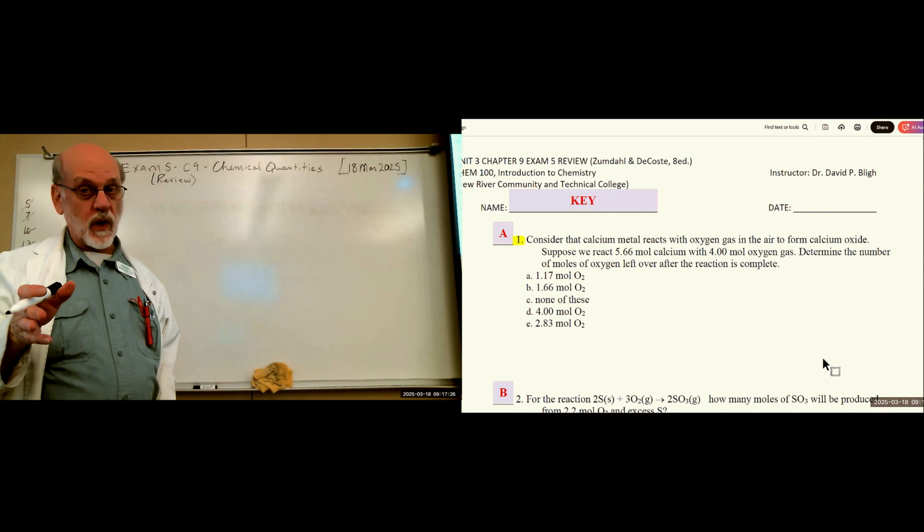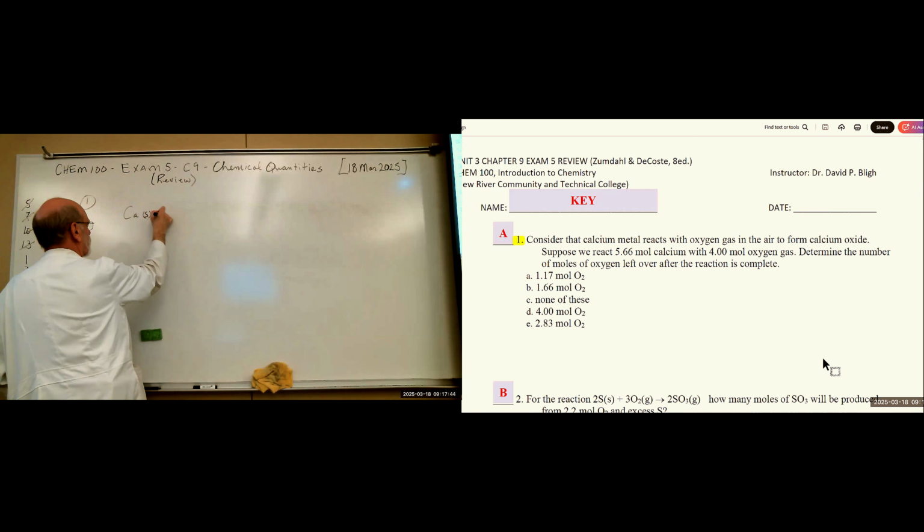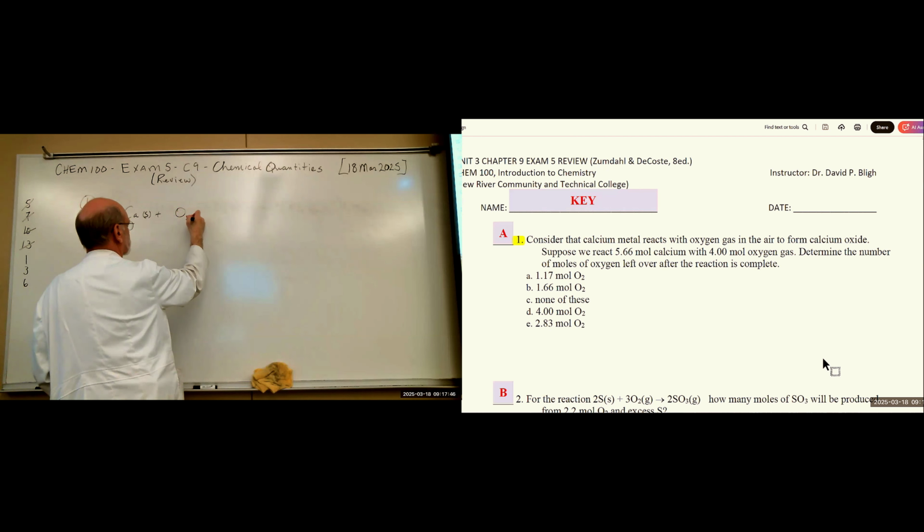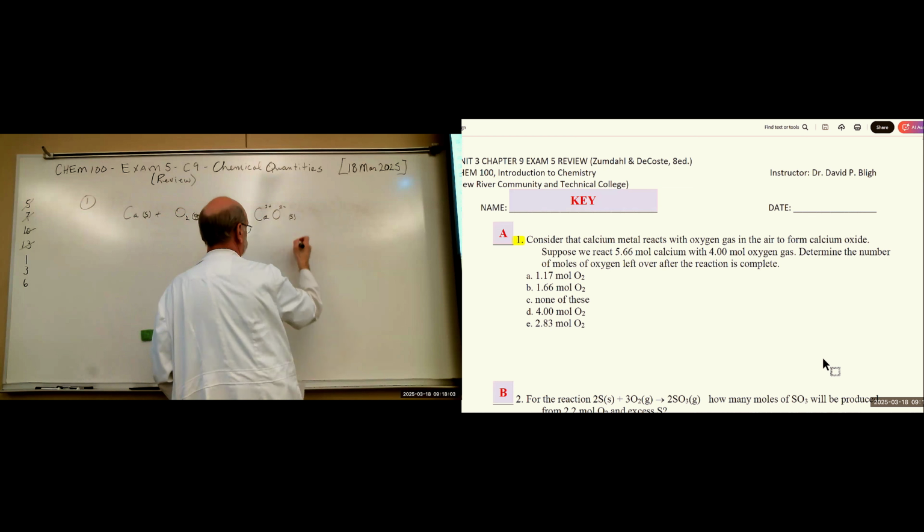So calcium metal reacts with oxygen gas to form calcium oxide. Is that correct? Yes, 2 minus, 2 plus, 1 and 1 is all we need.